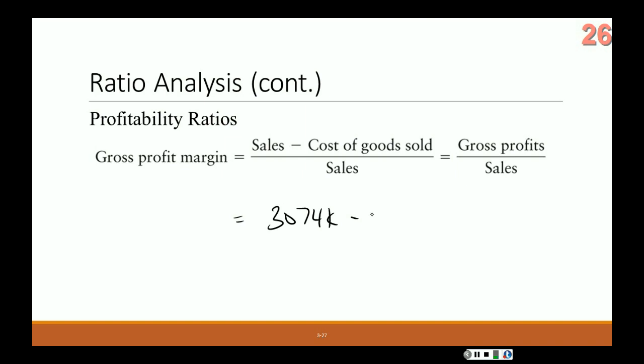Subtract our cost of goods sold found on the income statement and divide that by sales. And you get 32.1%. So when we deduct only cost of goods sold, this company is keeping 32.1 cents of every dollar sold. This is the least restrictive definition of profitability that we use.